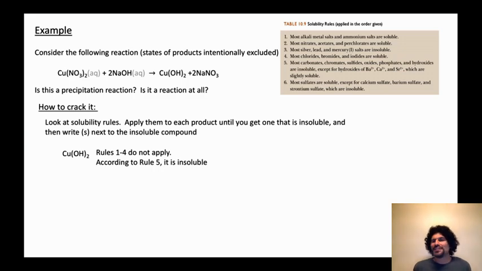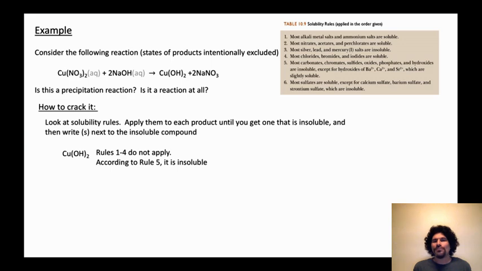Copper, it's not an alkali metal or ammonium. Hydroxide is our anion. It's not a nitrate, acetate, perchlorate. It's not silver, lead, mercury, chloride, bromide, or iodide. So rules 1 through 4 do not apply to this. But then we get to rule 5. It is a hydroxide, has OH there.